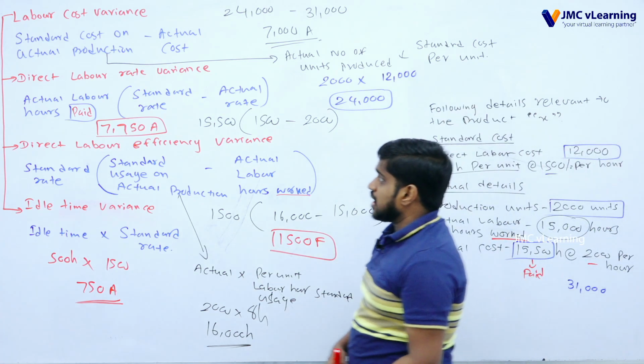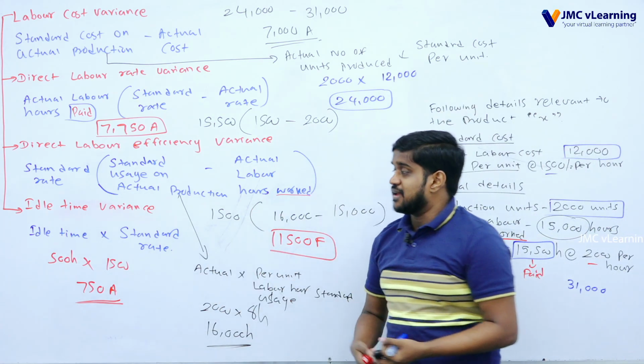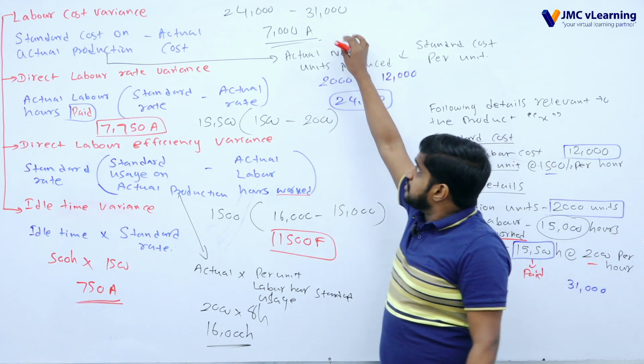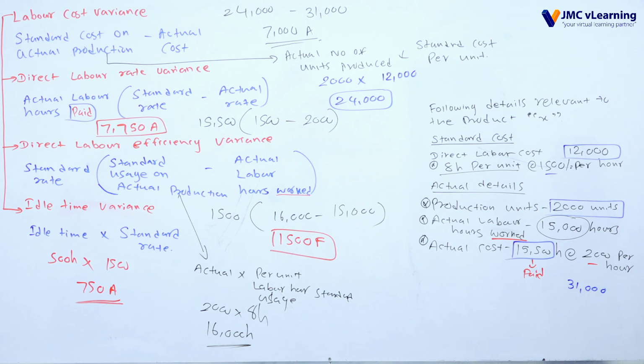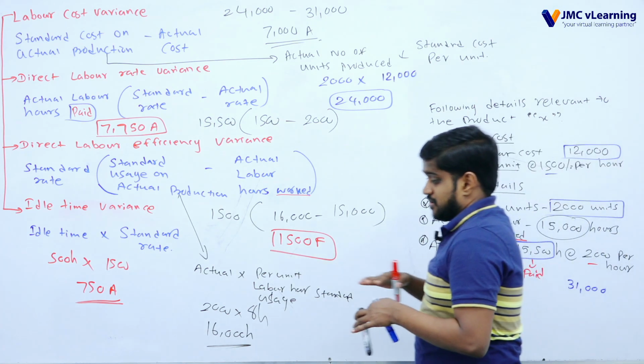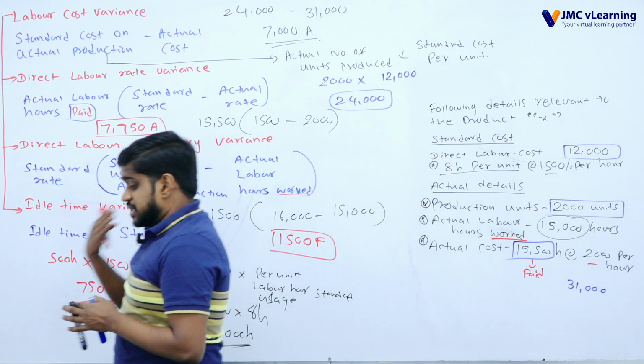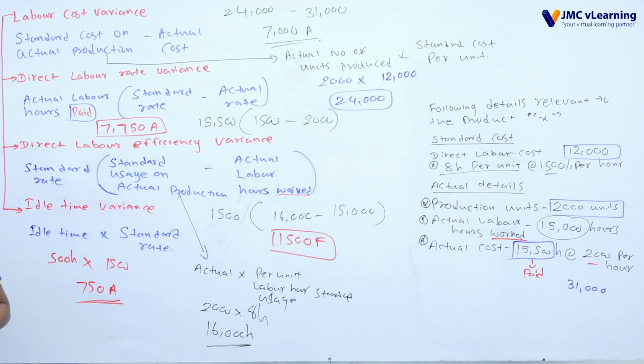When we analyze these details, our direct labor cost variance is 7,000 adverse. Based on the details we can see our direct labor cost is higher than our expectation.